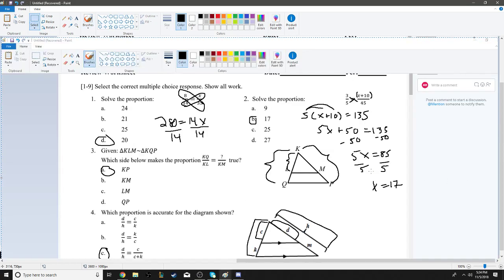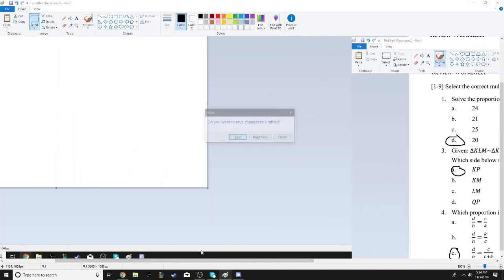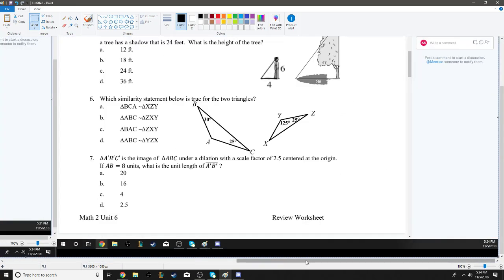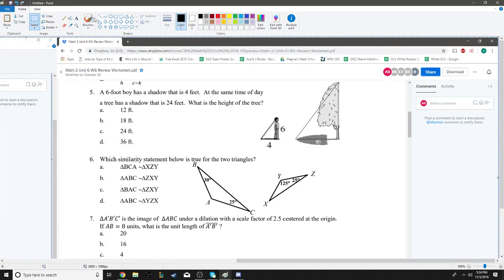Next problem. Okay, a 6-foot boy has a 4-foot shadow, and so we want to find the height of the tree. We'll call this x. There's a bunch of ways you can set it up, but I'm going to do height over shadow equals height over shadow.